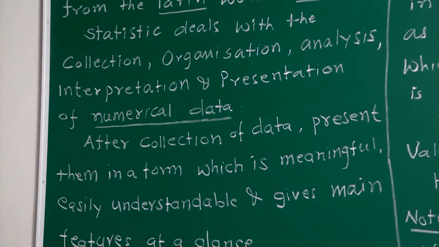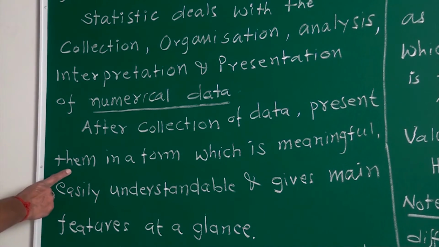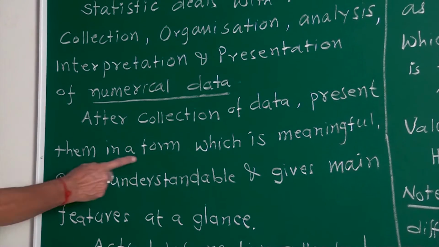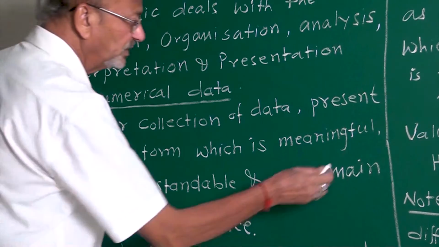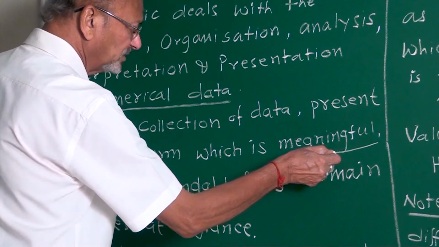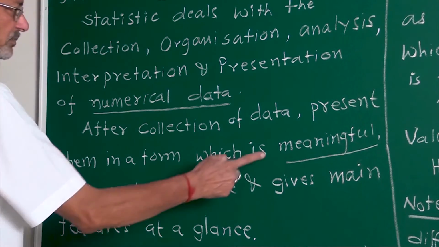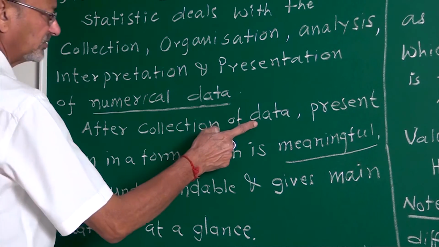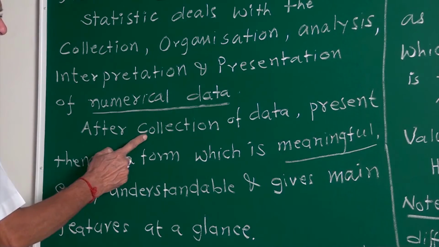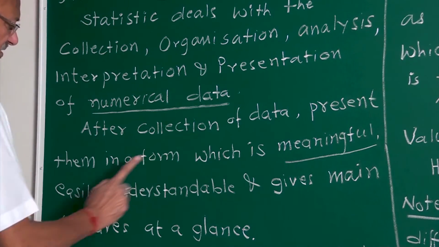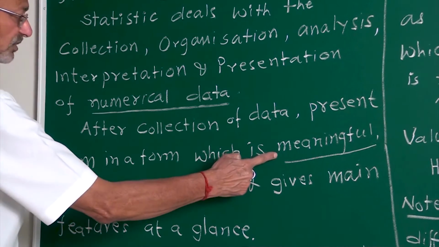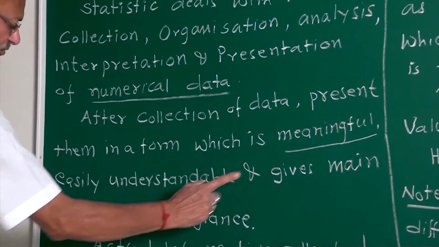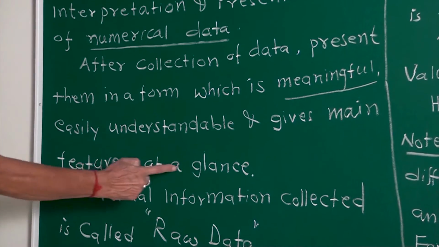After collection of data, present them in a form which is meaningful. That presentation must be meaningful, my friends. The presentation of the data we collect should be meaningful, easily understandable, and give the main features at a glance.